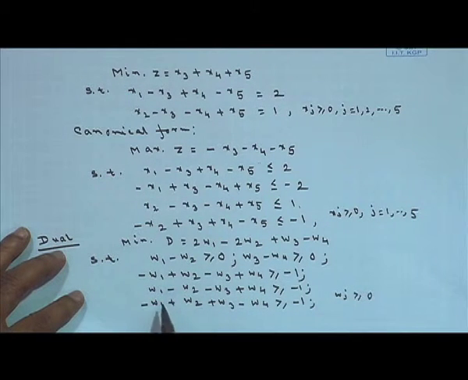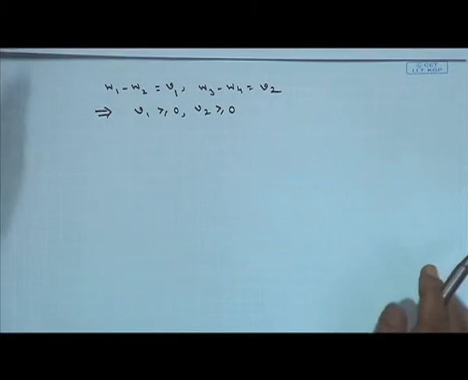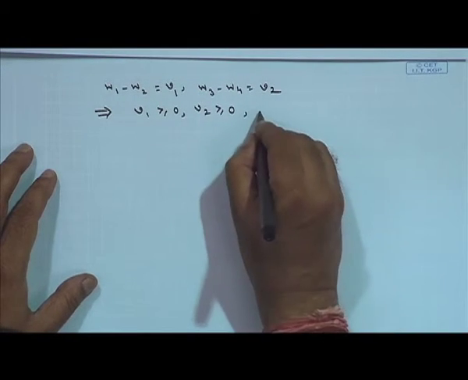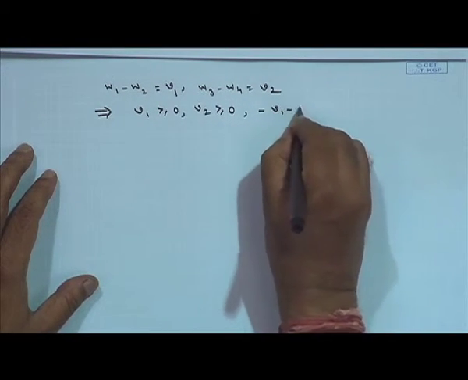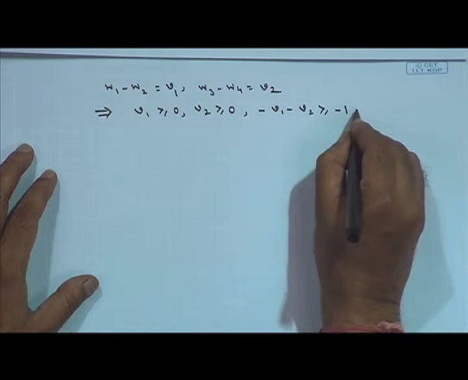Similarly, the next one will be minus V1; if you take minus common, it will be W3 minus W4. So, it will be minus V1 minus V2 greater than or equal to minus 1.